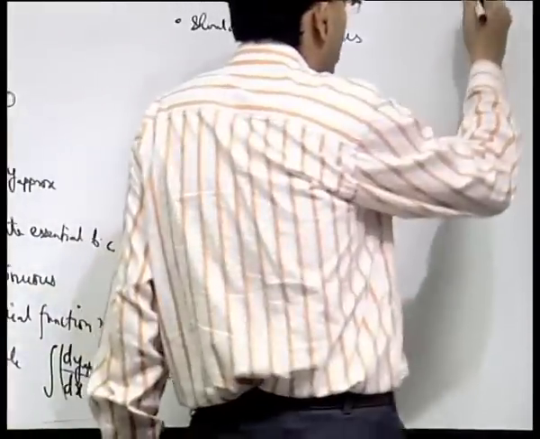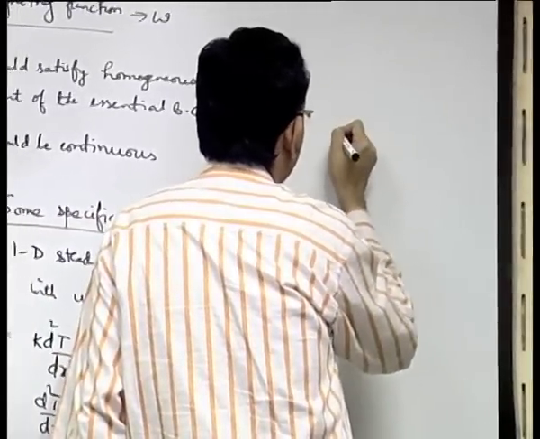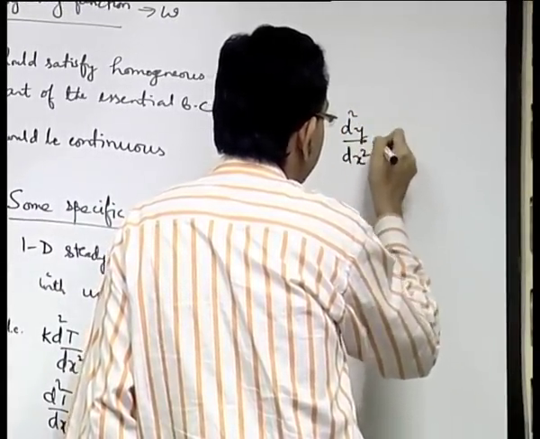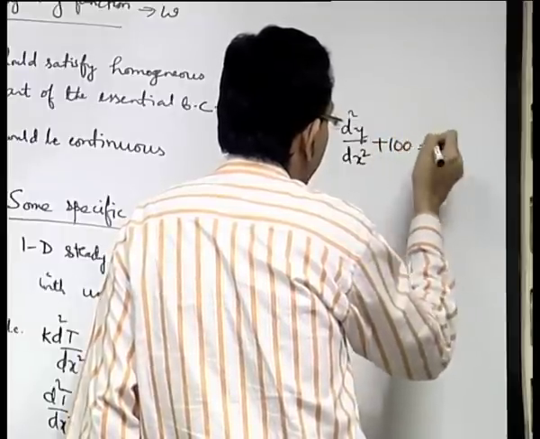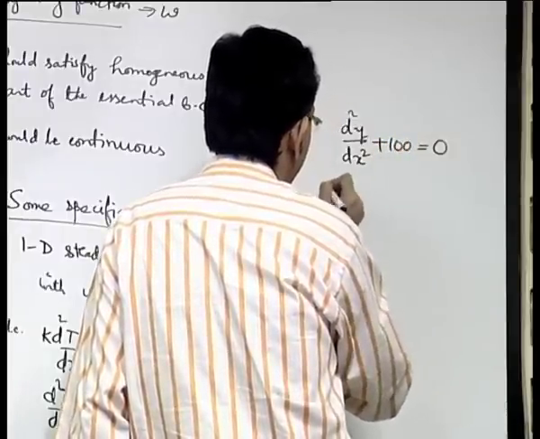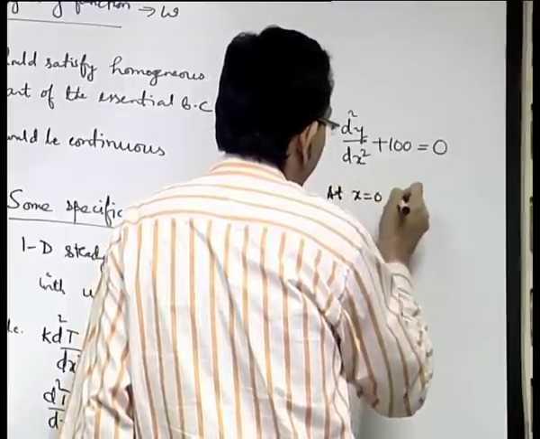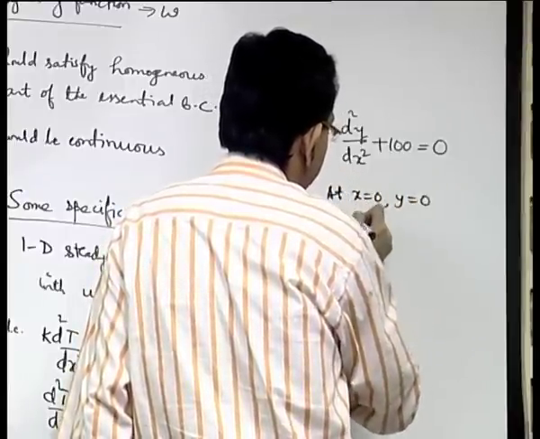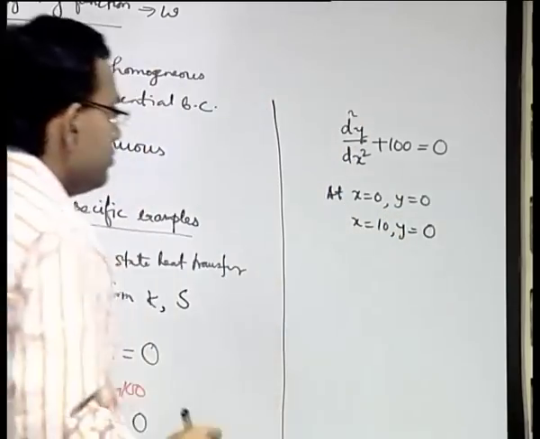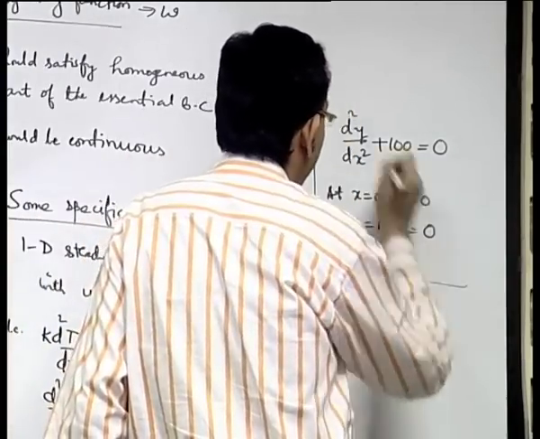So, our problem becomes the problem of solving a very simple differential equation of this form: d²y/dx² + 100 = 0, and at x equal to 0, y equal to 0, at x equal to 10, y equal to 0. So, this is the problem that we intend to solve.